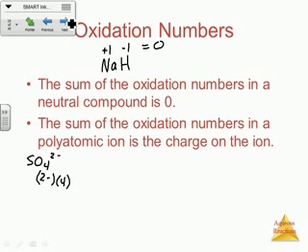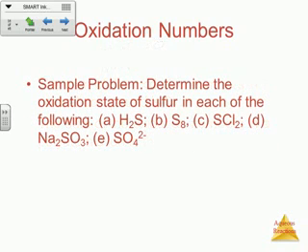So in order for this polyatomic ion overall to equal a 2-, the sulfur would have to be a +6. Hopefully that makes sense. You've got a -8 coming from the oxygens, so this has to be a +6 so that when you add those together, you get a -2. And again, you're going to wonder why we're talking about all this. It will make sense in a minute.